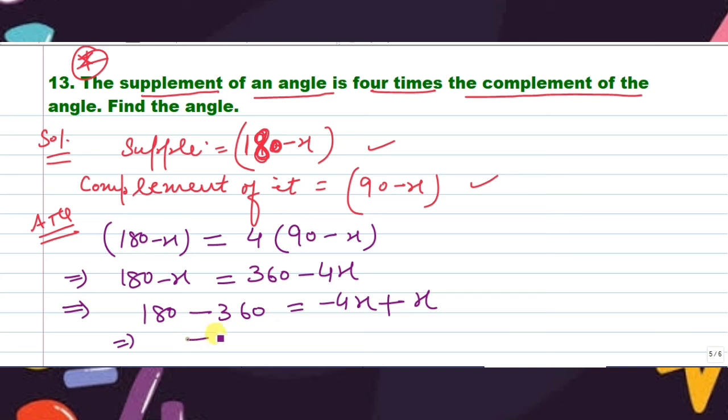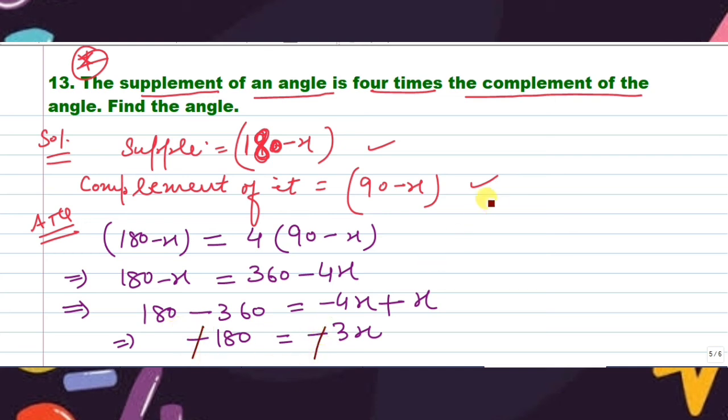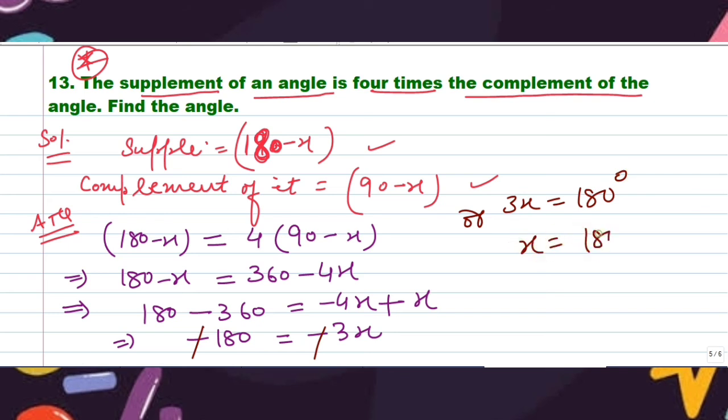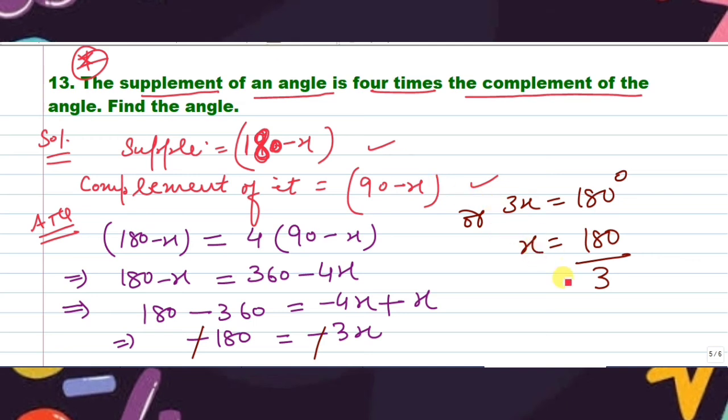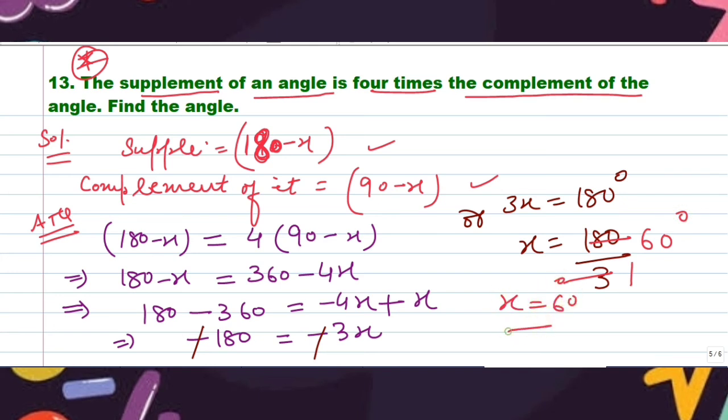Now you have to subtract it, minus 180 equals minus 3x. Now you can see here we have a negative sign, so minus minus will cancel, or you can write 3x equals 180, x equals 180 upon 3. Then you have to cancel it. 3 ones are 3, 3 sixes are 18, 0. So x equals 60 degree.